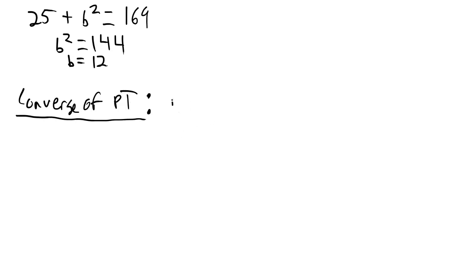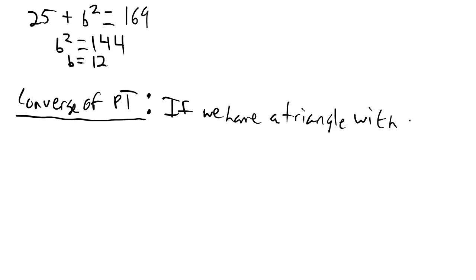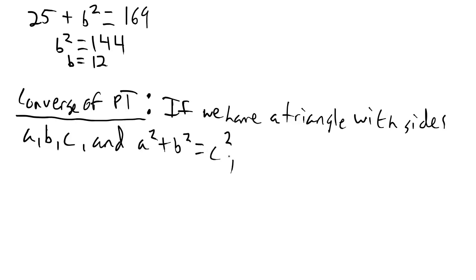So this says if we have a triangle, and we're going to call the sides a, b, and c, and we know that a squared plus b squared is equal to c squared, then the triangle is a right triangle.